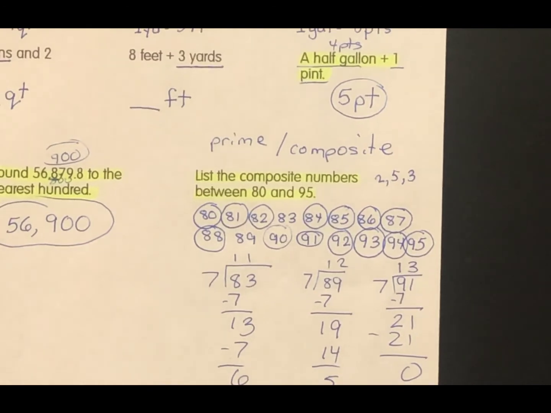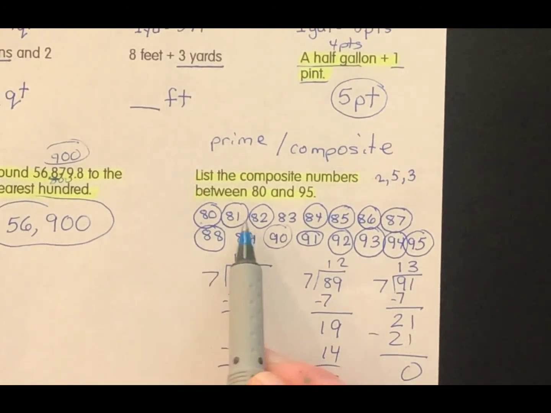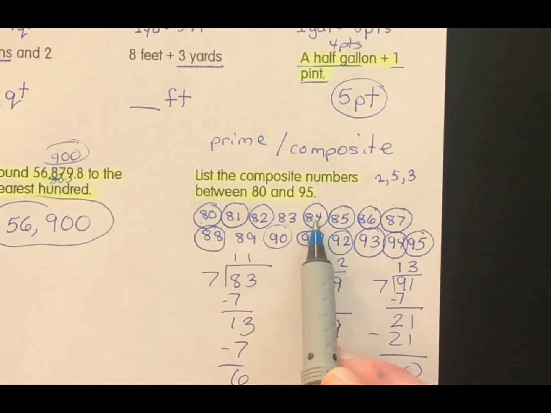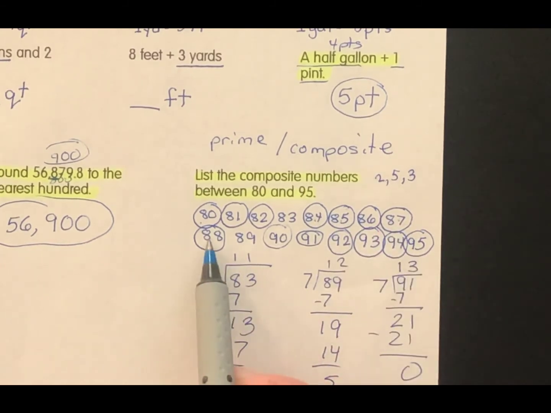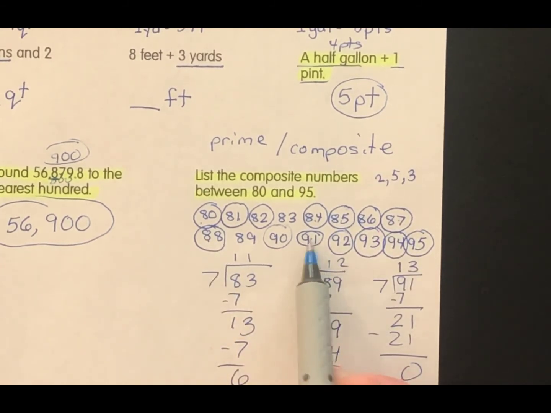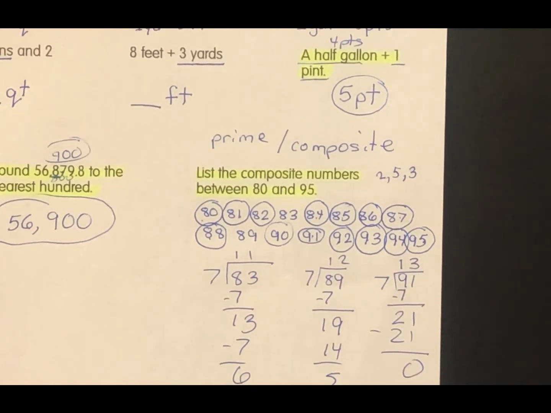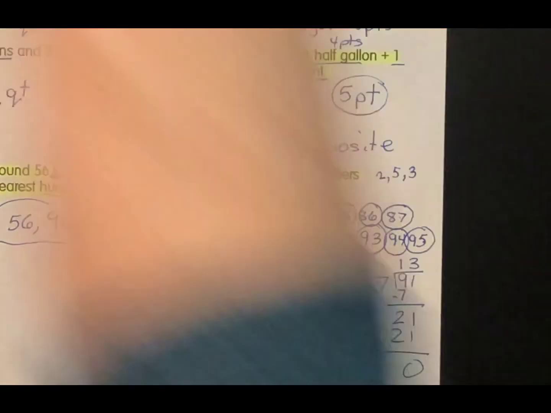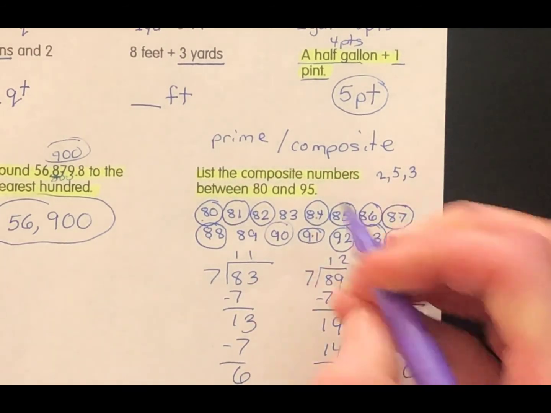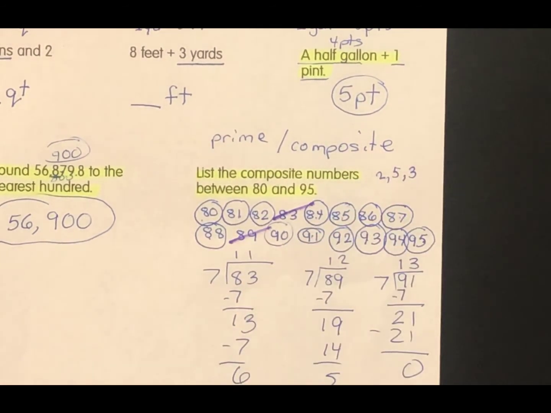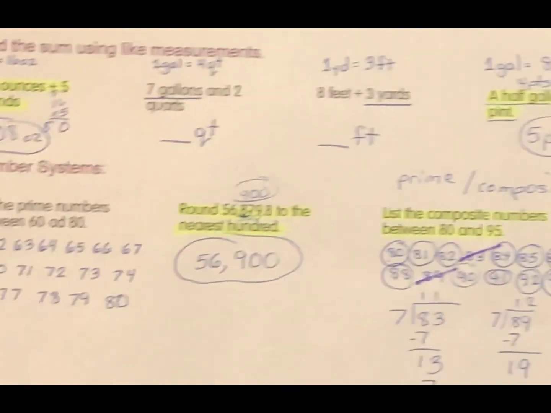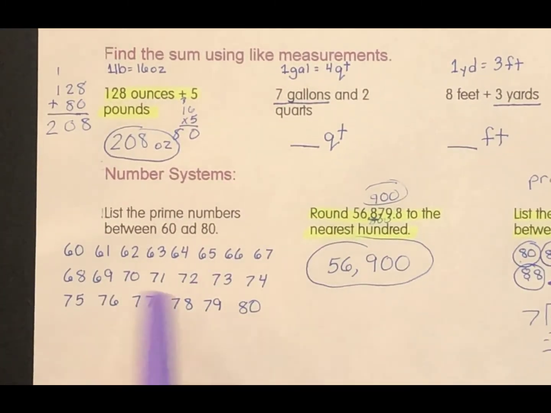So my composite numbers are 80, 81, 82, 84, 85, 86, 87, 88, 90, 91, 92, 93, 94, and 95. The 2 prime numbers, and I'm going to cross them out, are 83 and 89. So what you'll do is the opposite over here. You'll cross out your composite numbers and circle your prime.